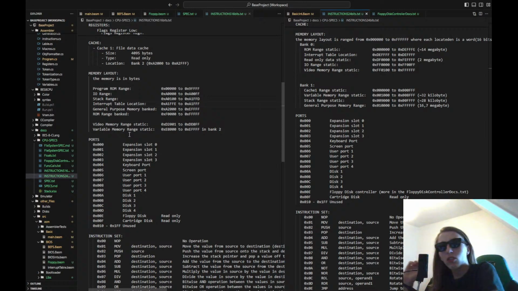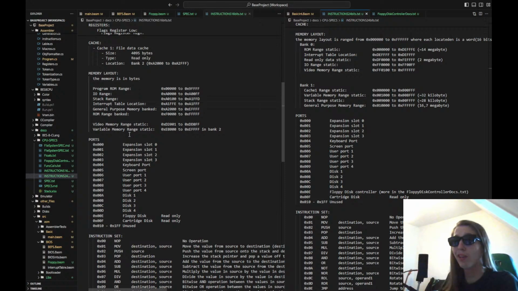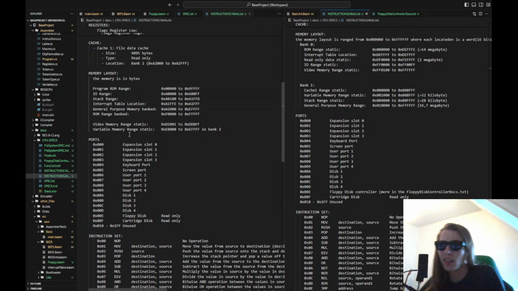I think I wanna do a 256 color palette where index 0 is null. It's no color, it's just transparent. Yeah, I actually think I'm gonna do that. And then you could just simply load on your own palette.